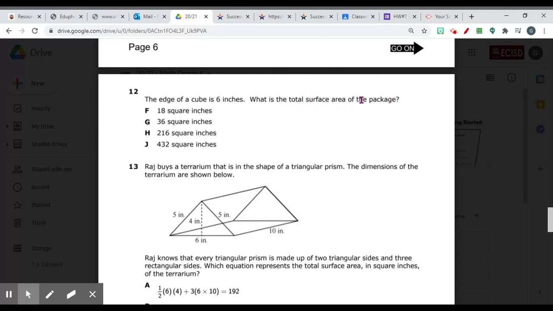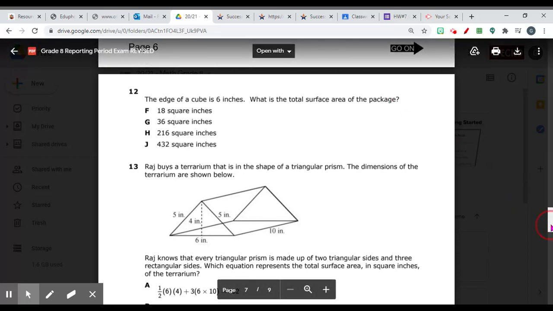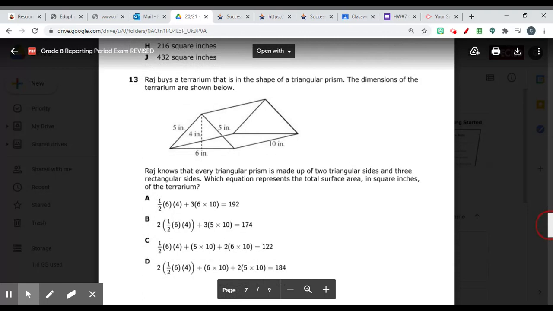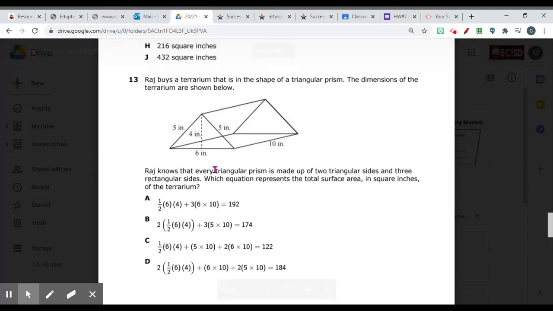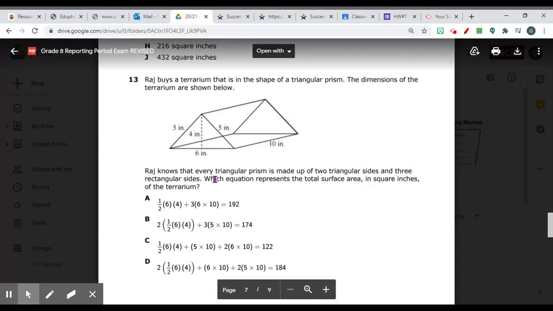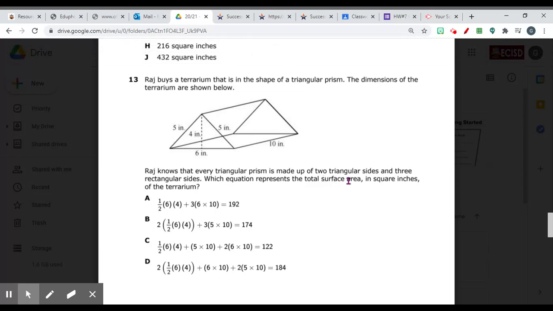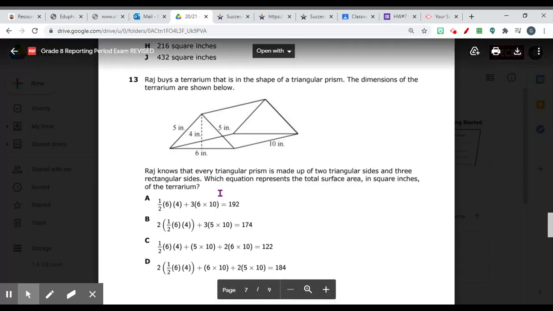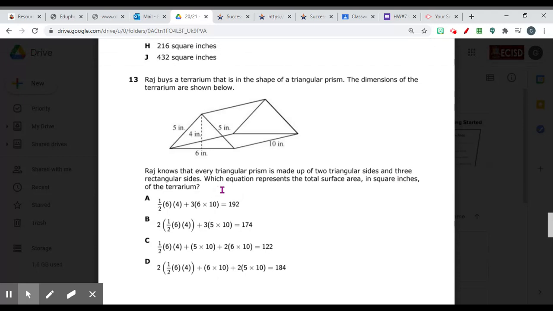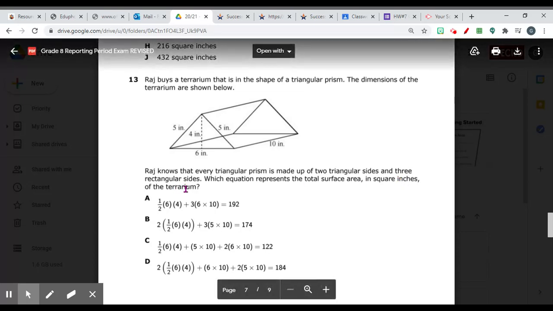Number 13. Raj buys a terrarium that is the shape of a triangular prism. The dimensions of the terrarium are shown below. Raj knows that every triangular prism is made up of 2 triangle sides and 3 rectangle sides. Which equation represents the total surface area in square inches of the terrarium?